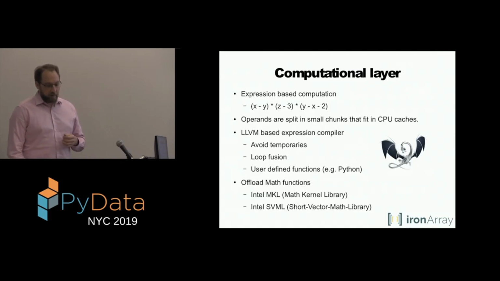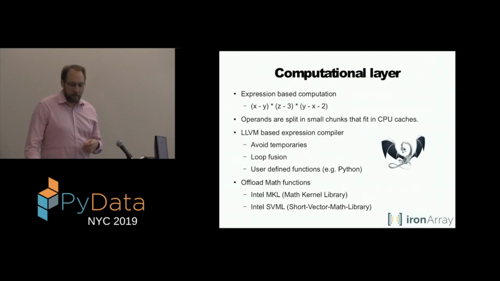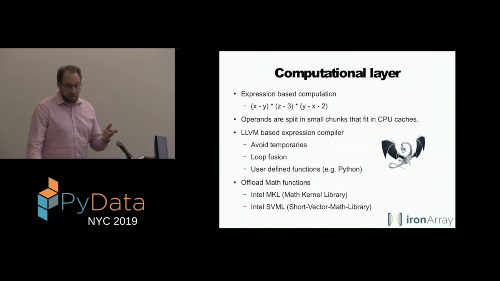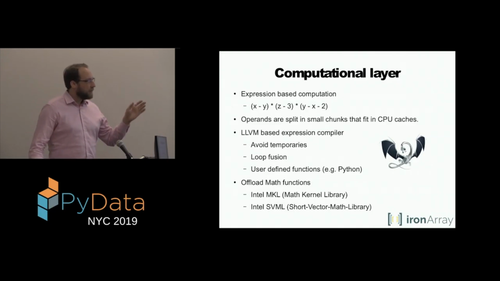We're going to do this by compiling the expressions with the help of LLVM, which is quite a well-known compiler toolkit that is also used in the Python community, for example for NumPy, and maybe other applications that I'm not aware of. It's useful to make sure that when we have large expressions, we can avoid temporaries and fuse the loops of the operations themselves.